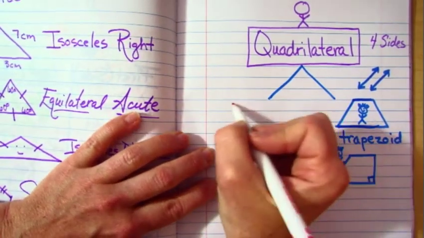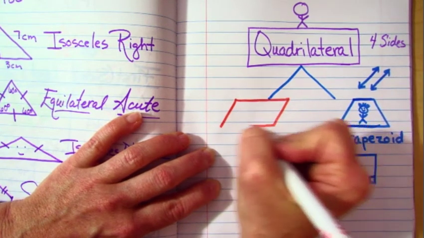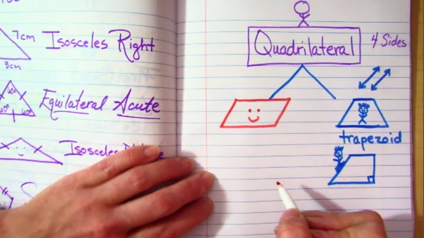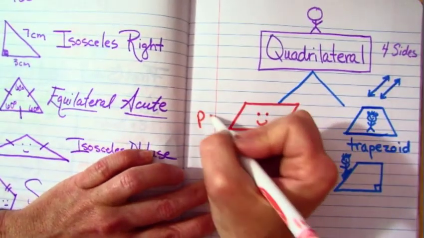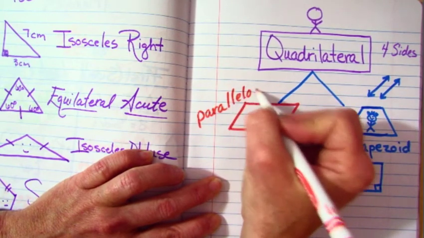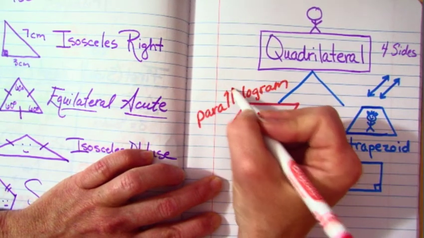My first girl, her name is Parallelogram. She is pretty easygoing. Parallelogram. She's got a long name, but she's pretty simple.